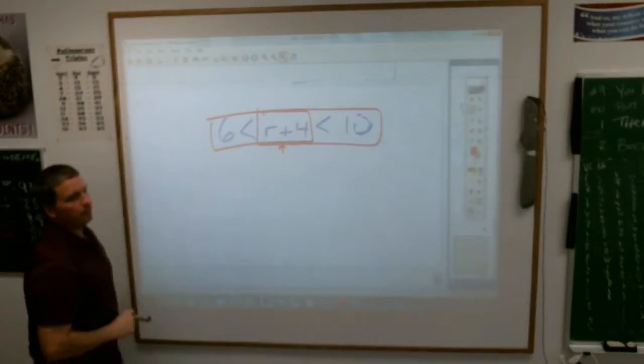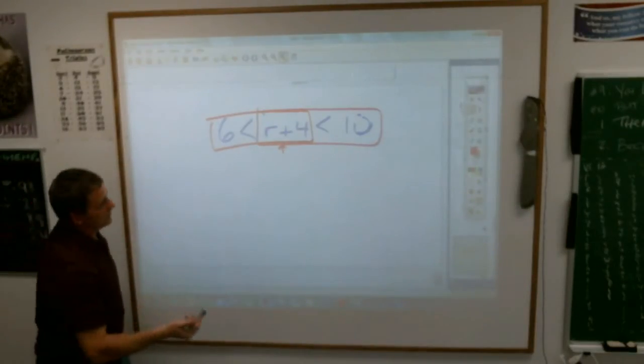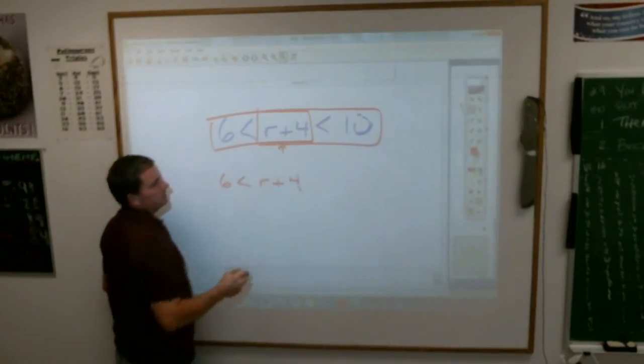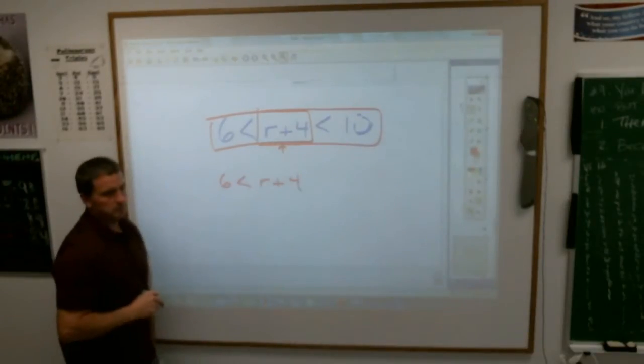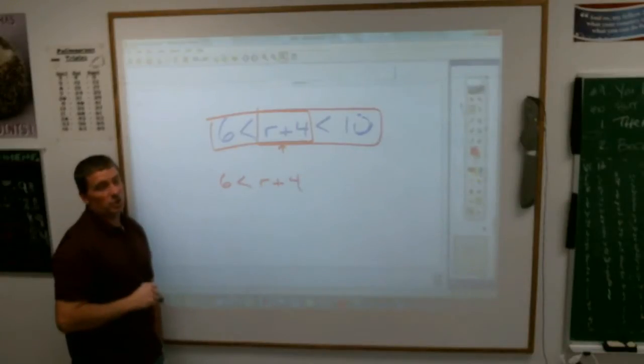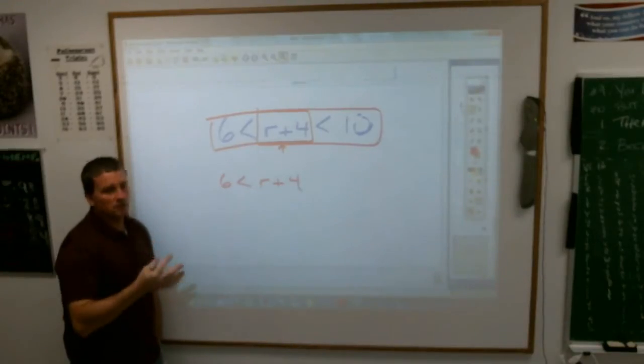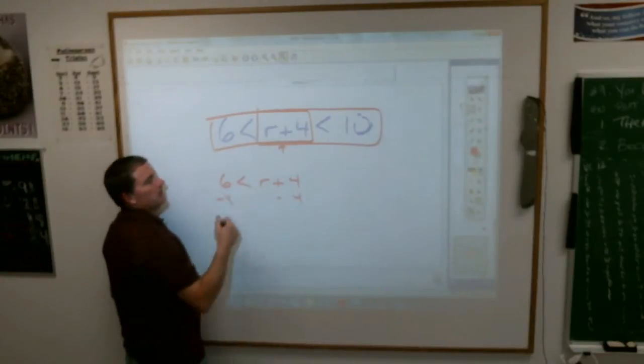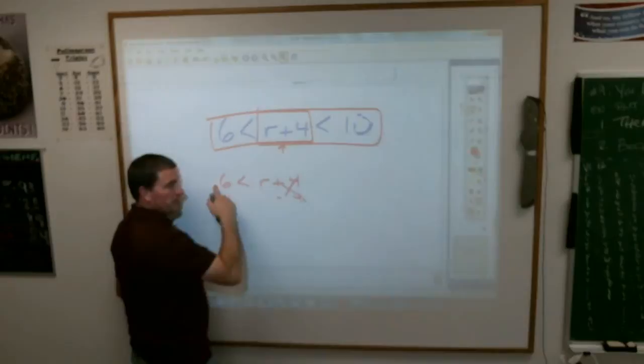And you need to solve them for the letter r. Don't move this stuff around. If I were solving this for the letter r, what would I do to get rid of the 4? Just like in an equation, Evan says, yes, I subtract 4.